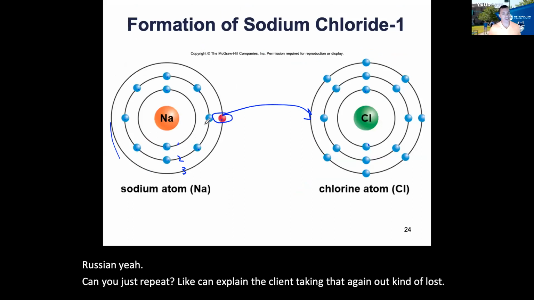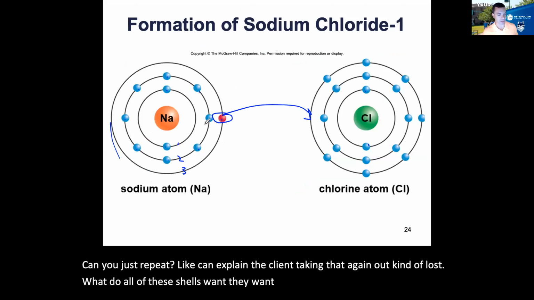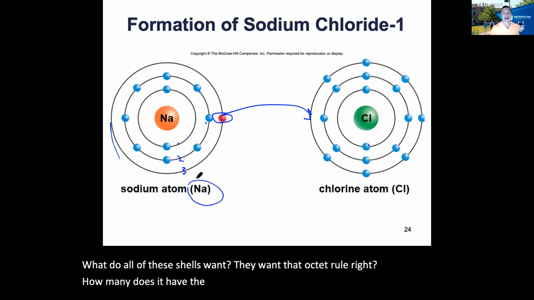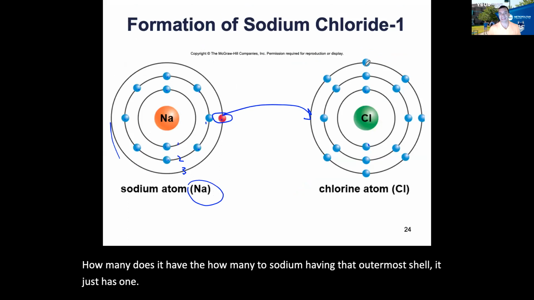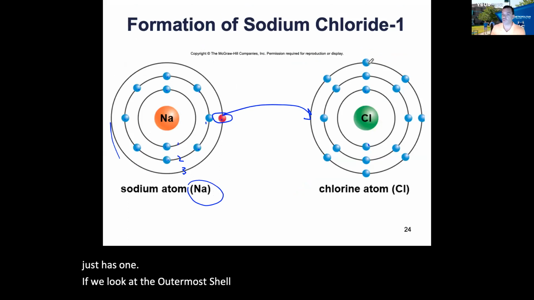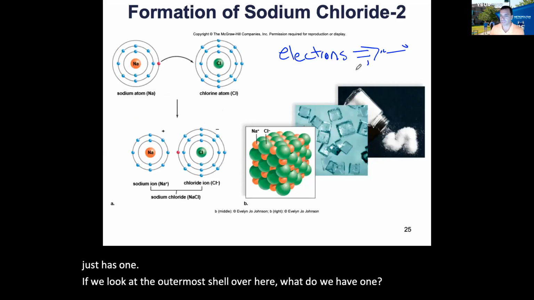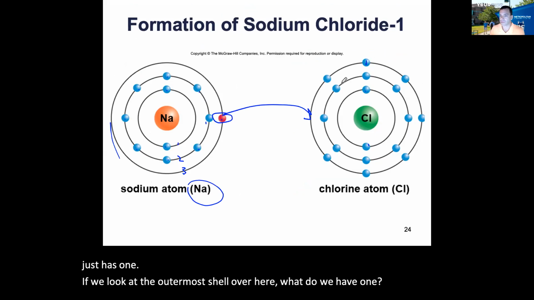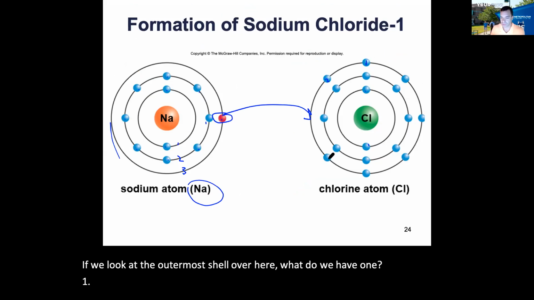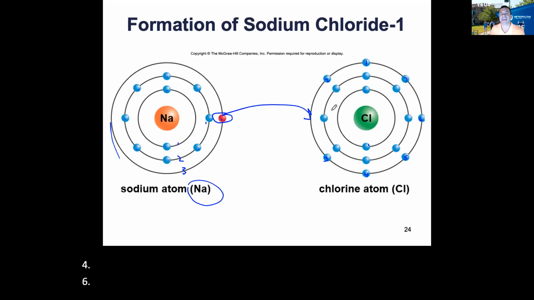What do all of these shells want? They want that octet rule, right? How many does sodium have in that outermost shell? It just has 1. If we look at the outermost shell over here, what do we have? 1, 2, 3, 4, 5, 6, 7 electrons.